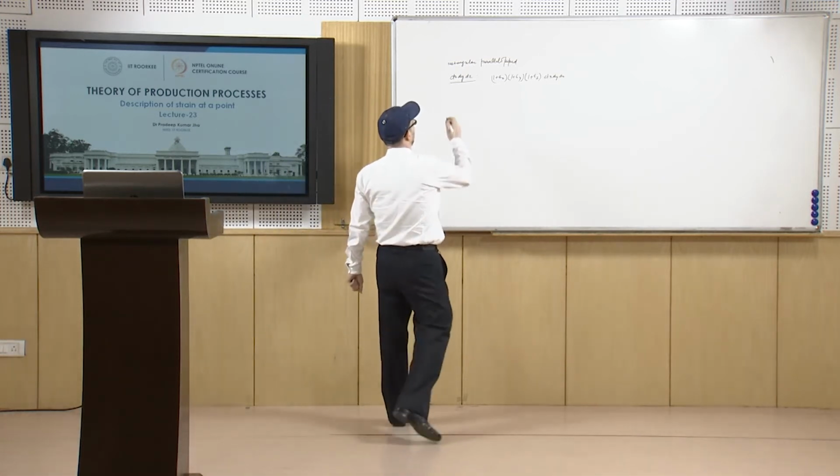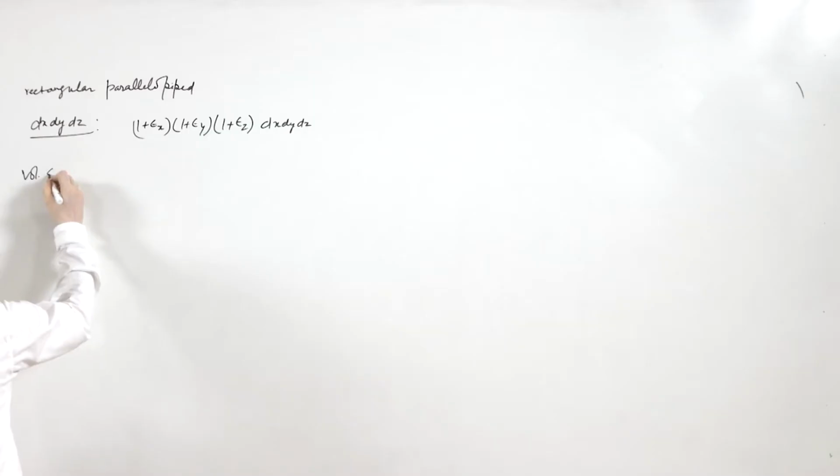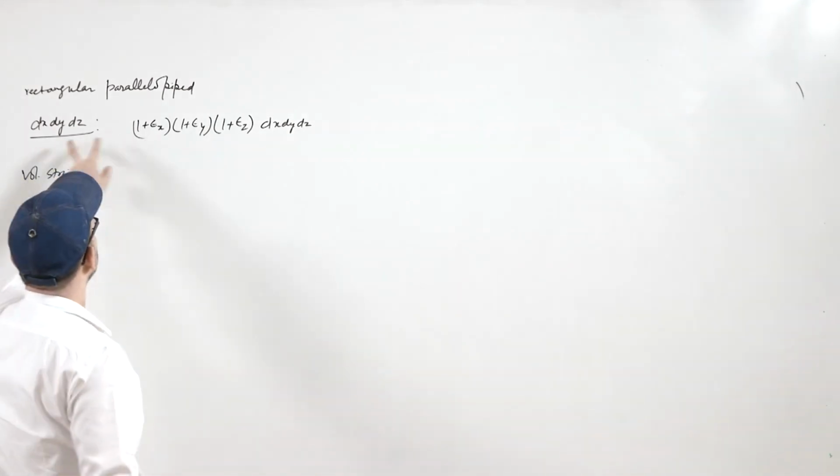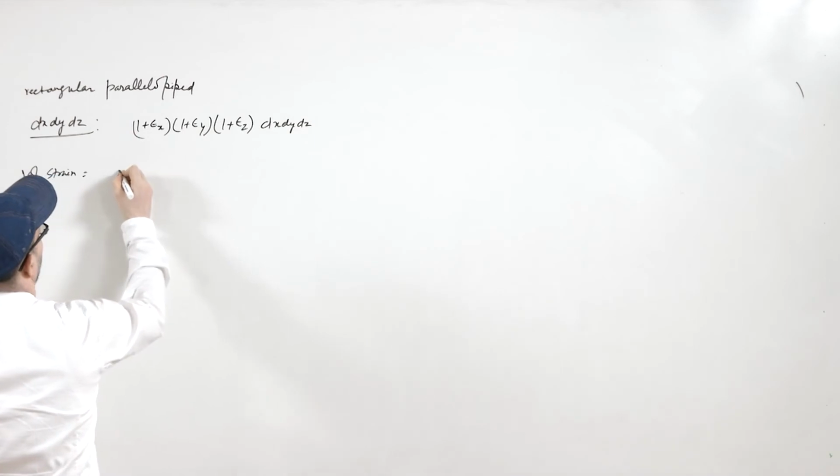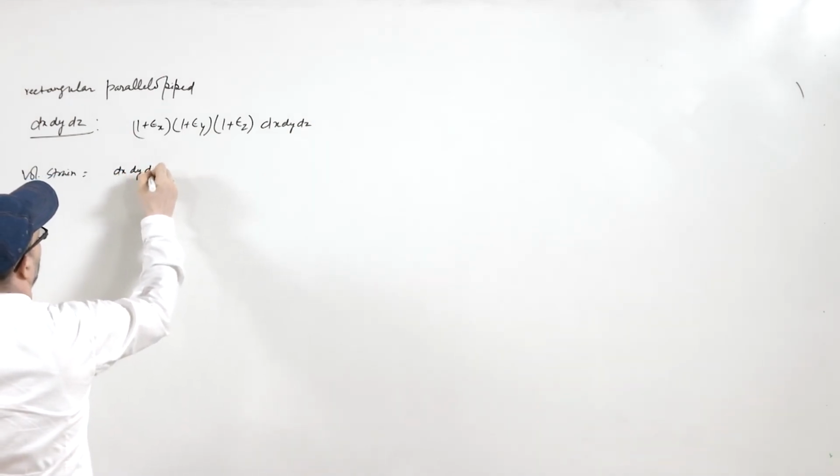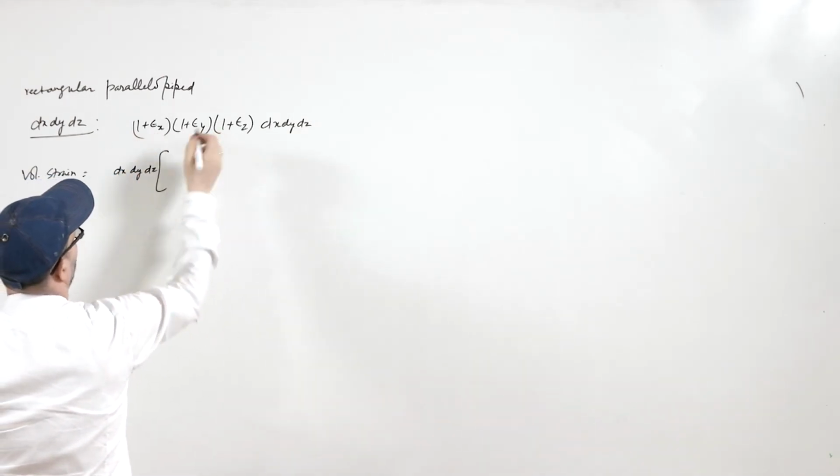If you take the volumetric strain, that is the change in volume by original volume. Change in volume means this minus this, so that will be dx dy dz into this minus 1.